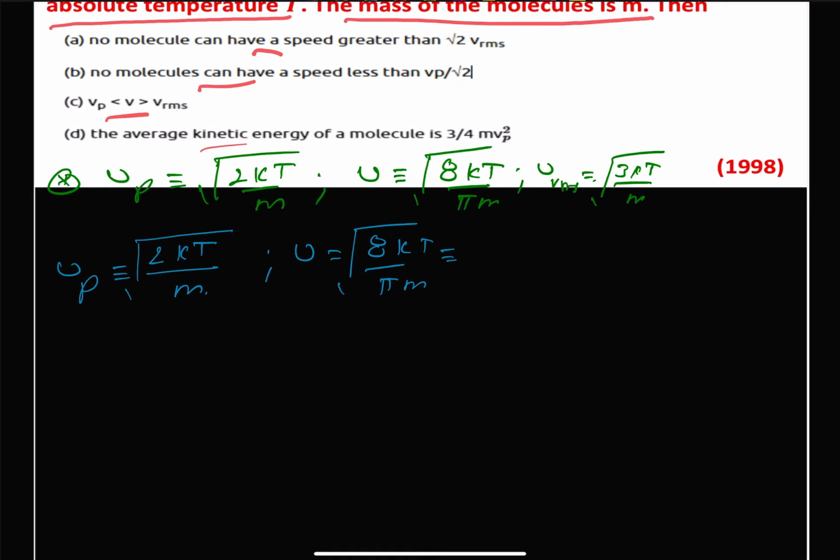So we can write this as 8 by pi, and that will be coming as approximately 2.5 kT upon m.